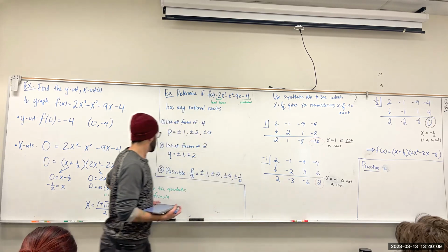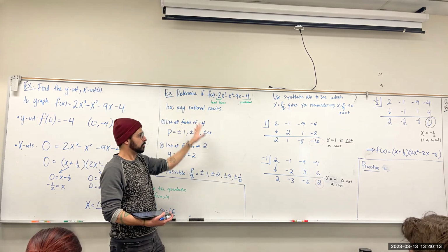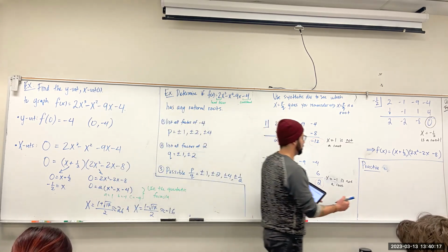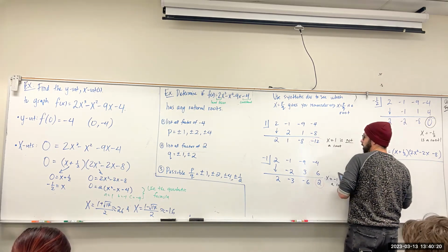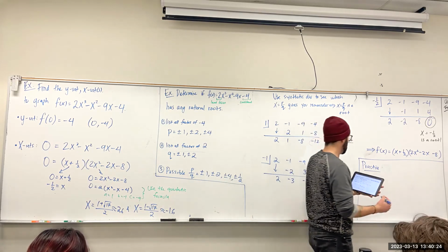Okay, what I would like you guys to do is just focus on this part. We'll get to this stuff in a little bit. So let's just focus on this rational root stuff, because that will eventually help us find this type of information like we got here.